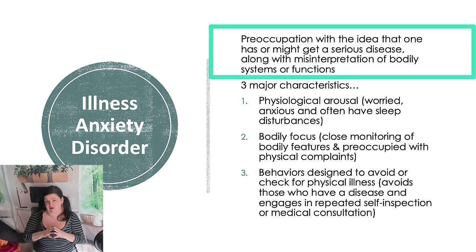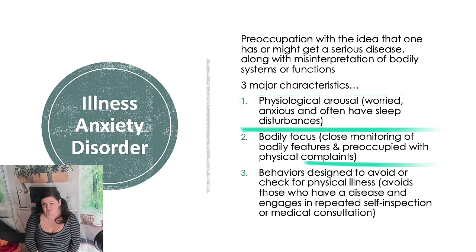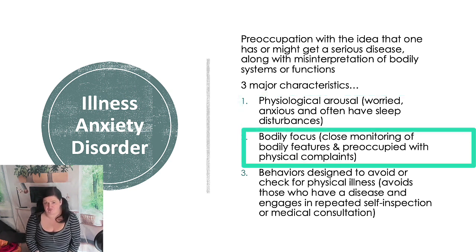So three major characteristics of this one are, first, physiological arousal, meaning worry or anxiousness, right? They often have sleep disturbances surrounding that preoccupation. Second, there's bodily focus, so there's close monitoring of their bodily features, preoccupied with those physical complaints that are linked to this preoccupation.